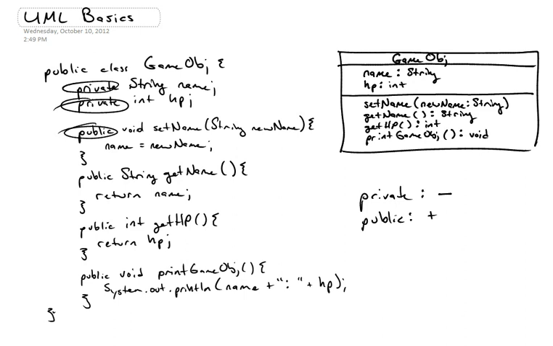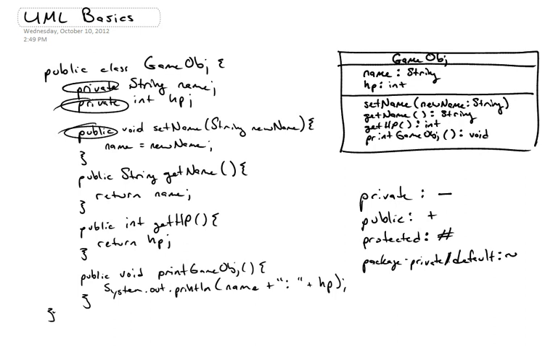But then you've got two others. You've got protected, and you've got package private or default. Package private or default is a tilde, and protected is a hash.